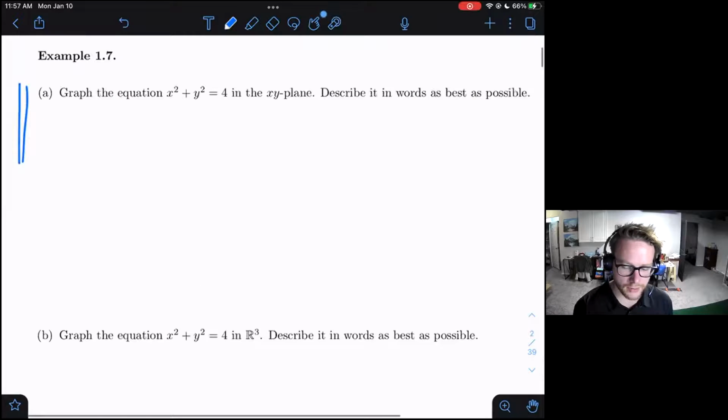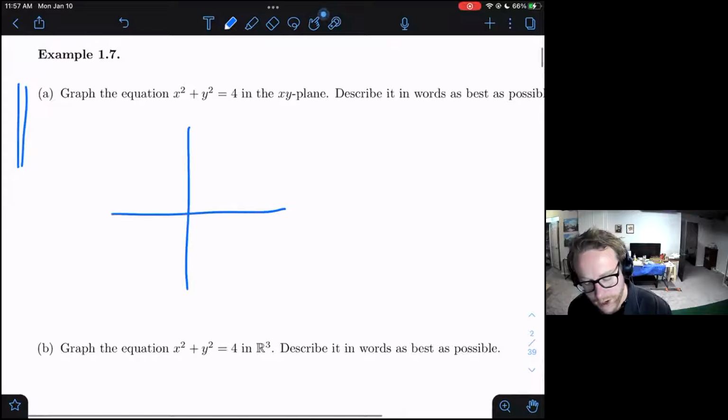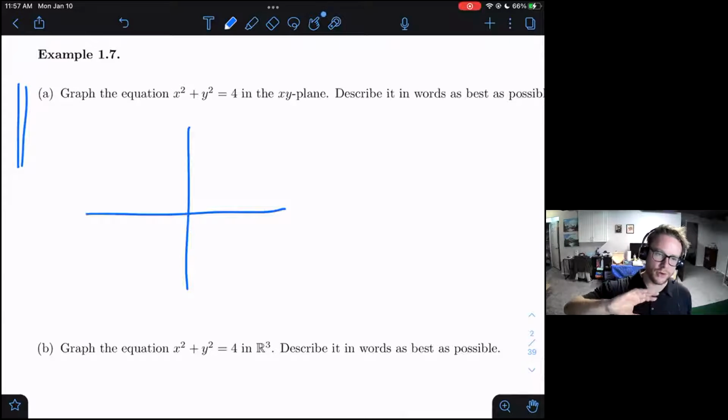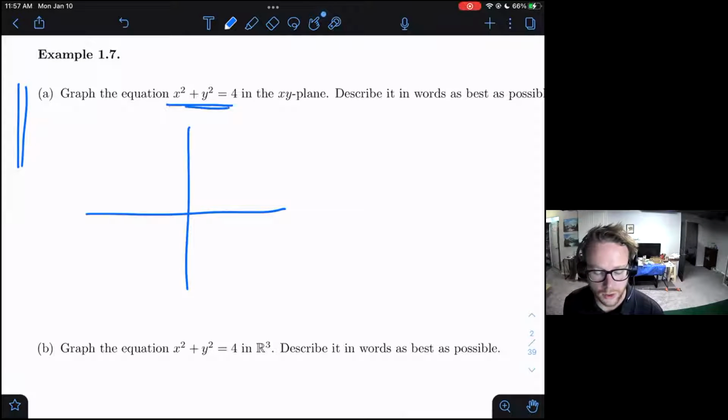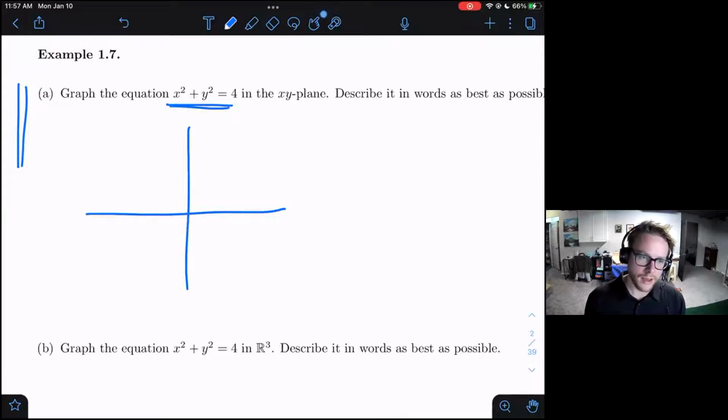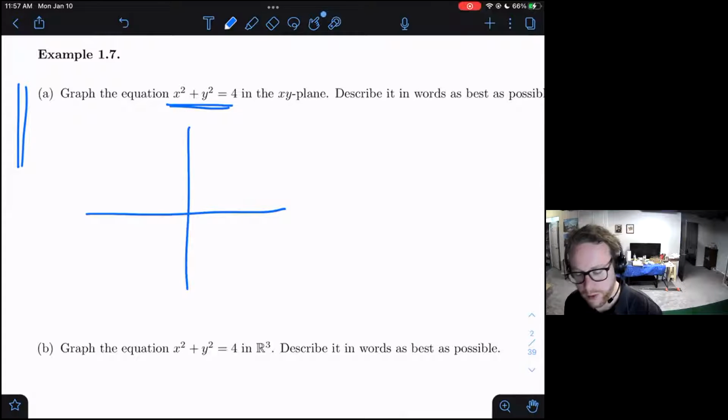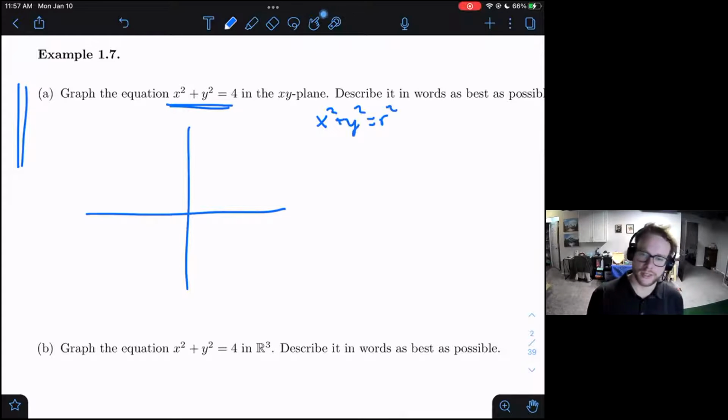So x squared plus y squared equals 4. I'm hoping that many of you are very fast at this. You can just look at it and know what this sort of thing is immediately. And that shows you that not every single equation out there needs to be put into a y equals format. This one, x squared plus y squared equals 4, should remind you of the classic x squared plus y squared equals r squared, which is a circle centered at the origin with a particular radius.